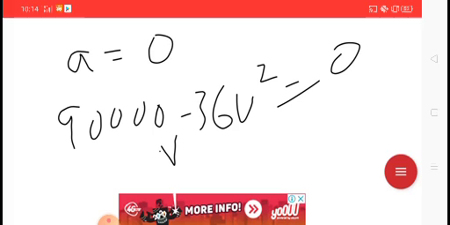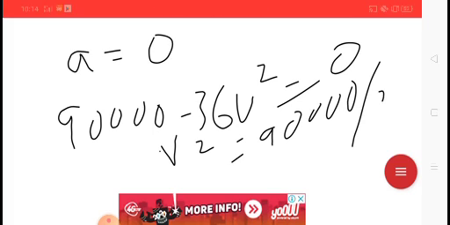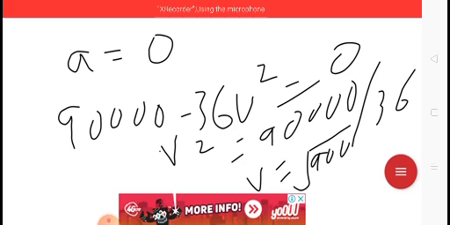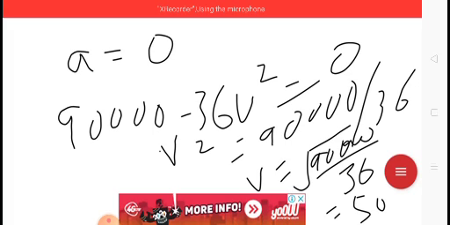So V squared will be equal to 90,000 over 36, and V is the square root of 90,000 over 36, which is 50. So the maximum speed is 50.